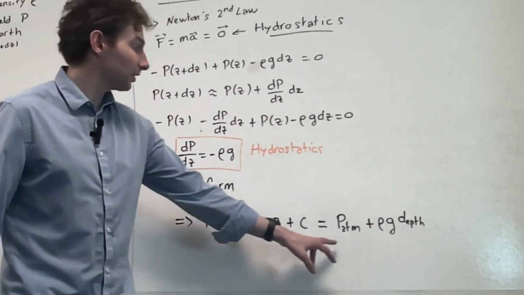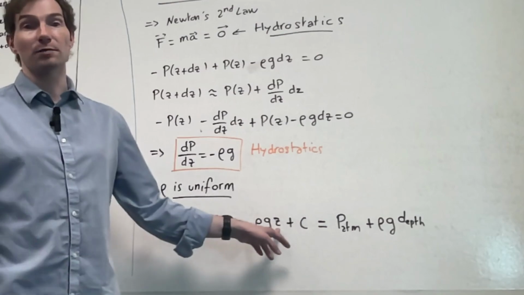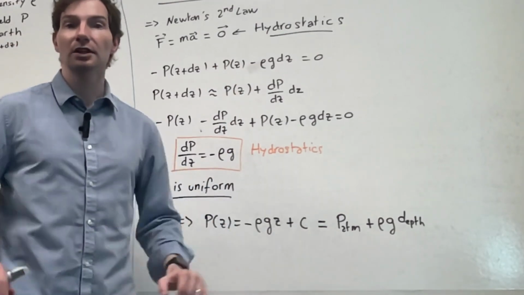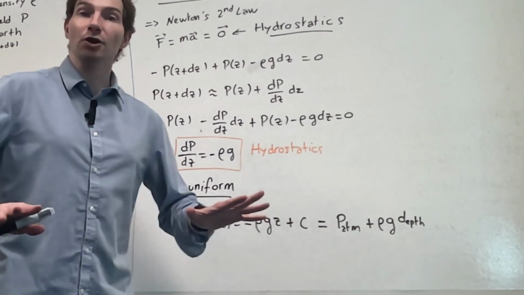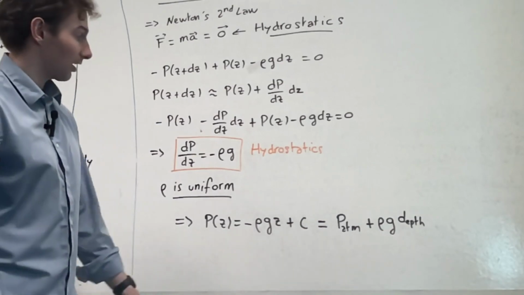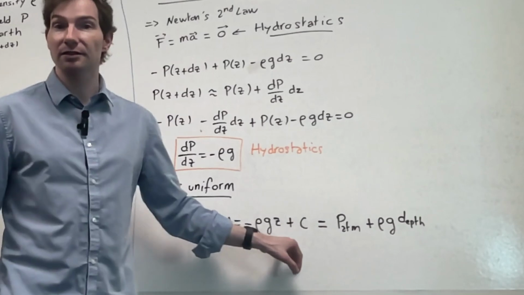The only thing I've done here is that I've said that C was determined when Z equals 0, for example, if this is surface level of where you are, and then you go deeper, so basically less than 0 after that. So depth here would be minus Z, if you will.